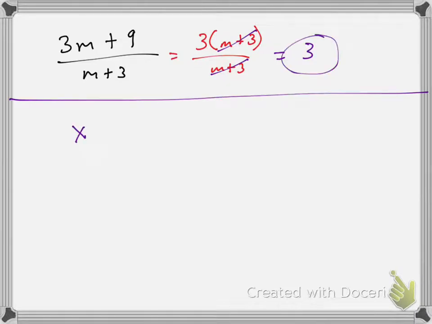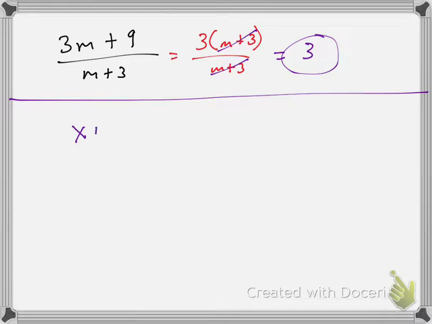And so we can just simplify. That's just 3. And kind of the way to look at it, m plus 3 divided by m plus 3 is 1. And 1 times 3 is 3. Very much the same. I've used this example before. What's 5 divided by 5? It's 1. You've known that for years, right? So m plus 3 divided by m plus 3 is 1. And 1 times 3 is 3.